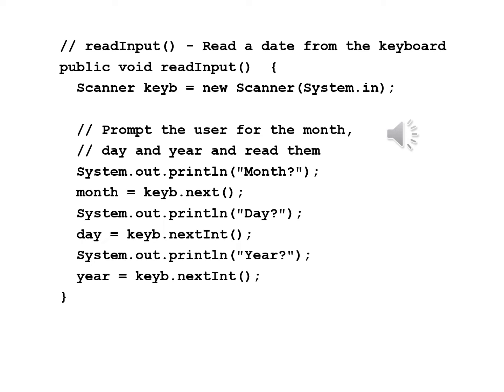System.out.println month, month equals keyboard.next. This being a string, we use this method, which will read in a character string up until the next white space. System.out.println day, day equals keyboard.nextInt. System.out.println year, year equals keyboard.nextInt.